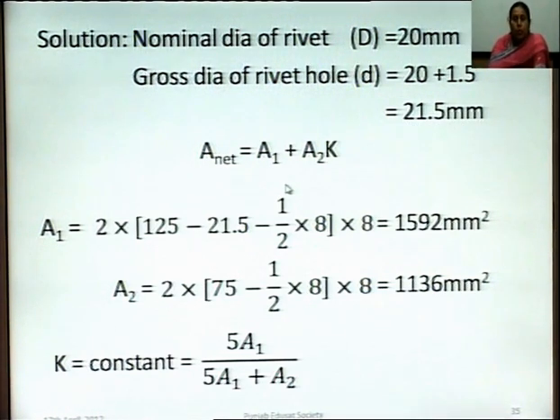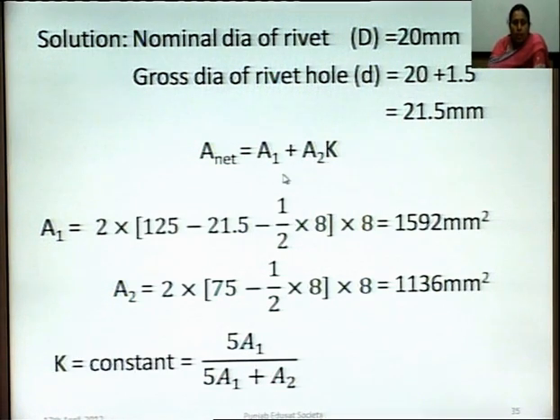As you know, in this case net area is also given as A1 plus A2 K, but in this case K is given as 5 A1 over 5 A1 plus A2. As you have seen, in single angle we have used 3, but in this case we will use 5.